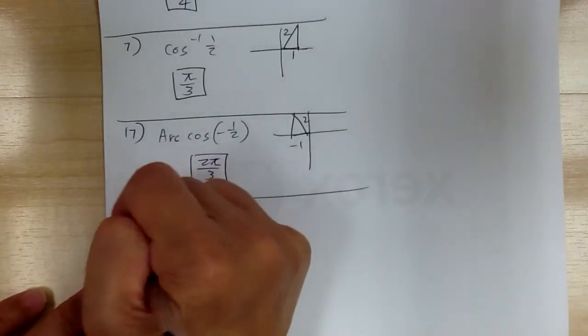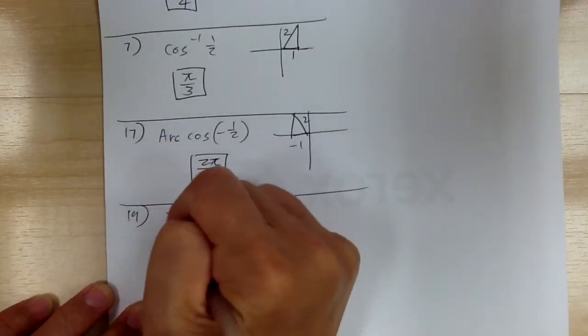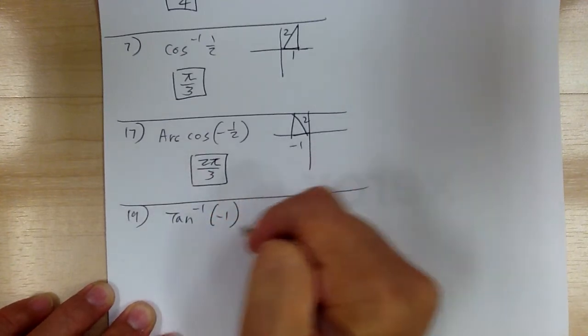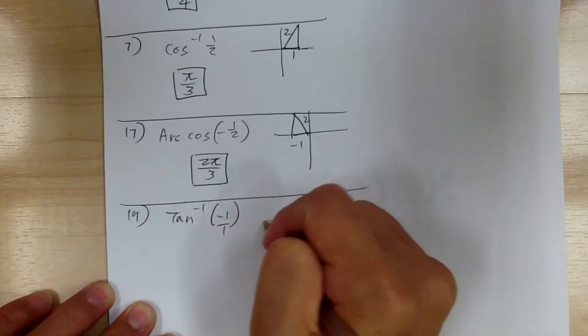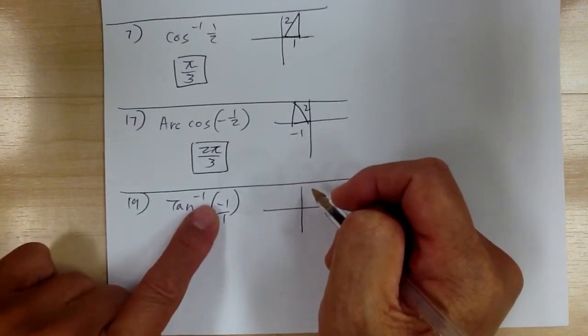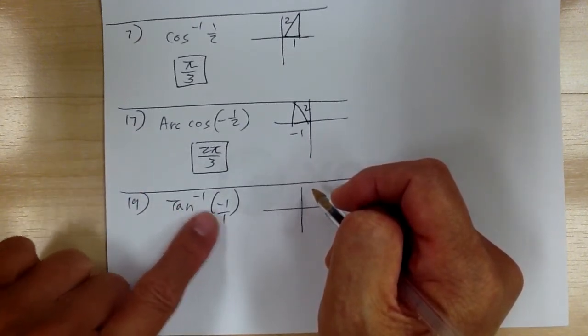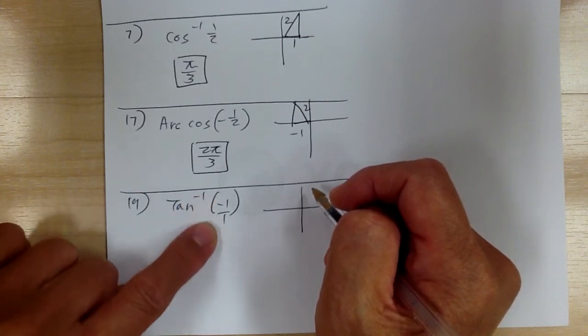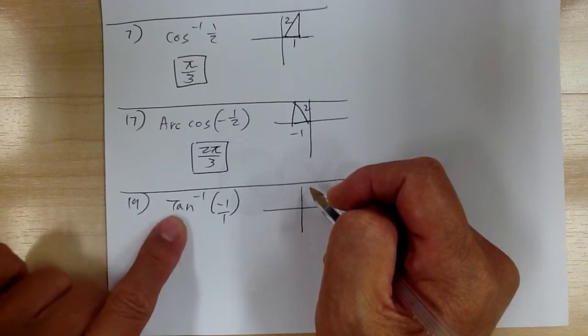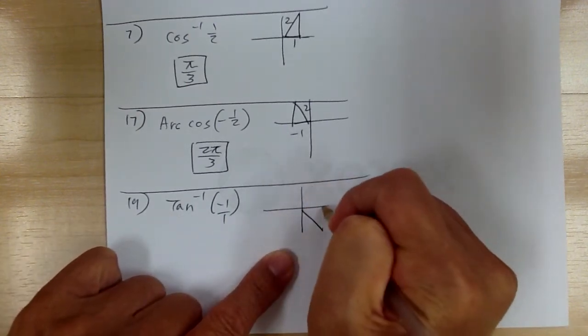Okay, let's go to 19. Inverse tan of negative 1. Again, you can put it in a fraction. Now, with the tangent, you have to be careful. With the tangent, you don't know if the negative is with the top or the bottom. So you have to figure out your quadrant first. The inverse function for tangent, the negative is going to be down here.